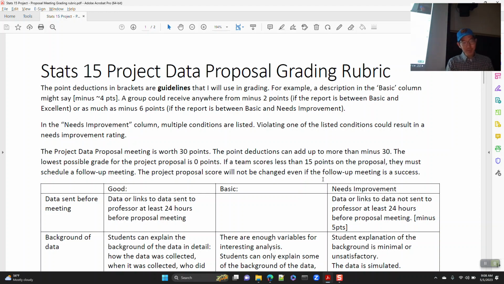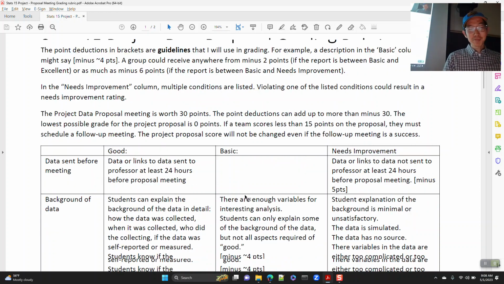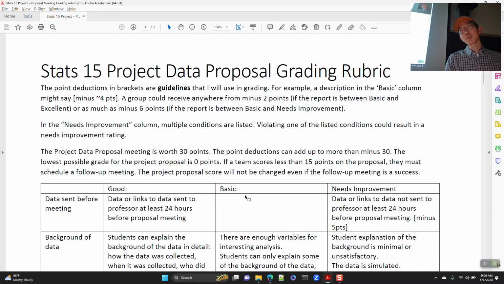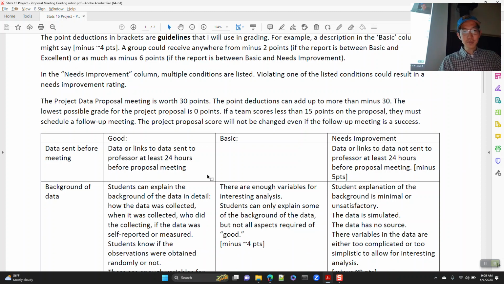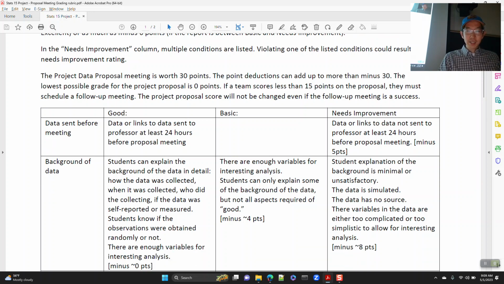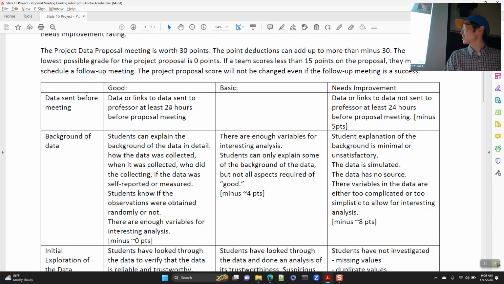Even if you were to do poorly on this, you only lose about half of those points, so you can still get a 95% on the final project. So it's not the end all, but I do want you to think about it and do well. I put these so that you can be graded a good, a basic, or a needs improvement on some of these different criteria.